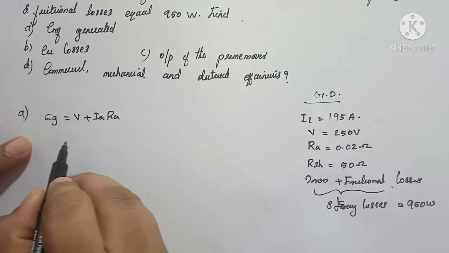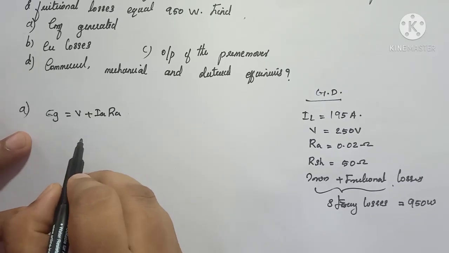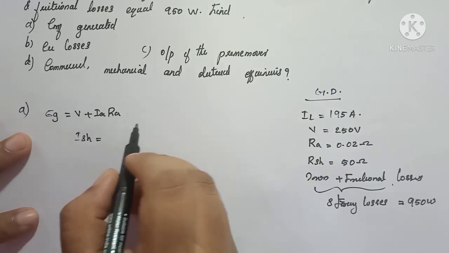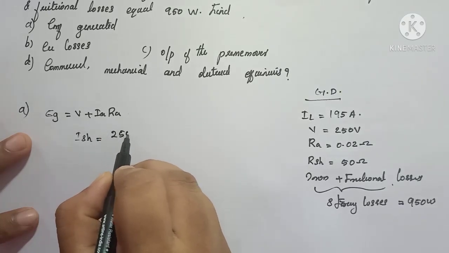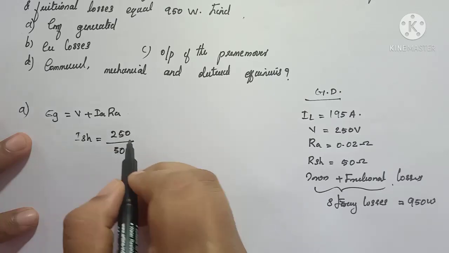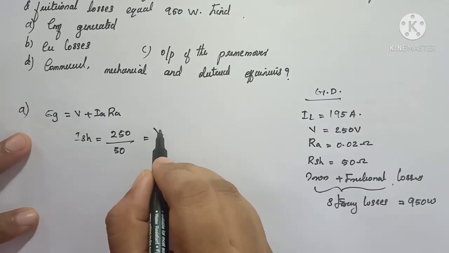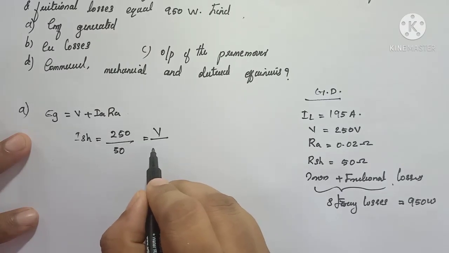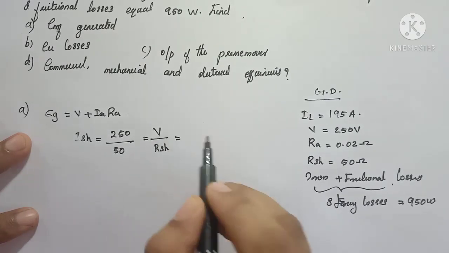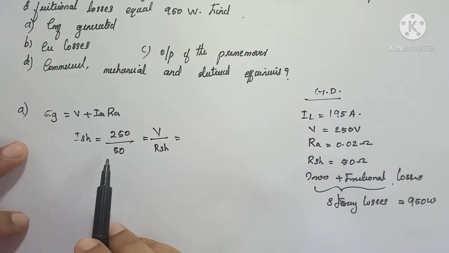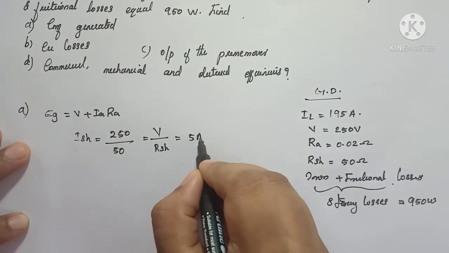So we can first calculate current through the shunt field winding, that is Ish. Ish is nothing but V divided by Rsh, voltage across the terminal divided by Rsh, 250 divided by 50, that is 5 ampere.